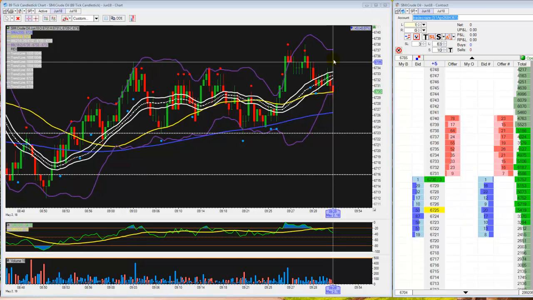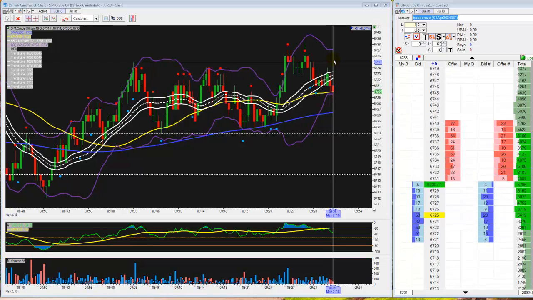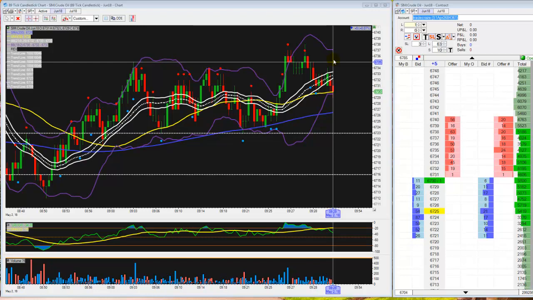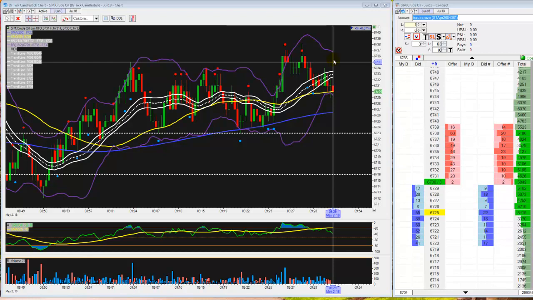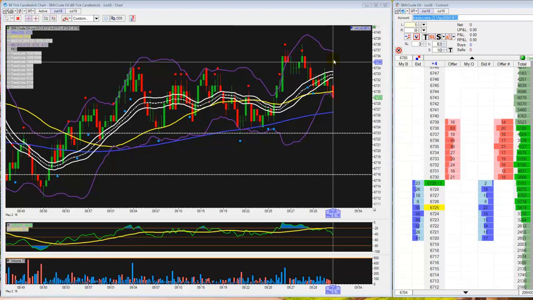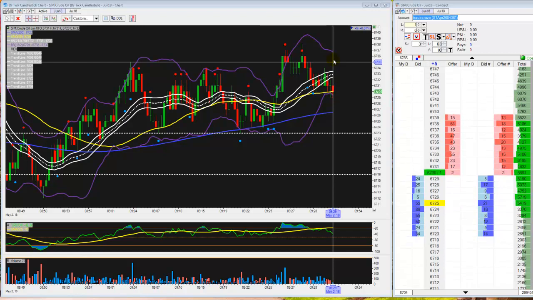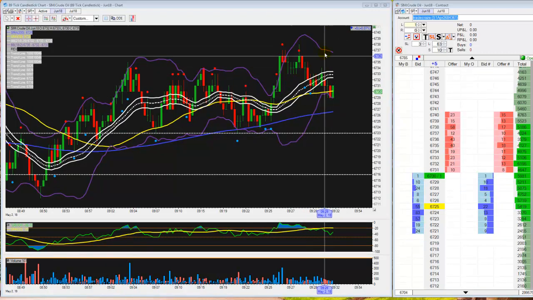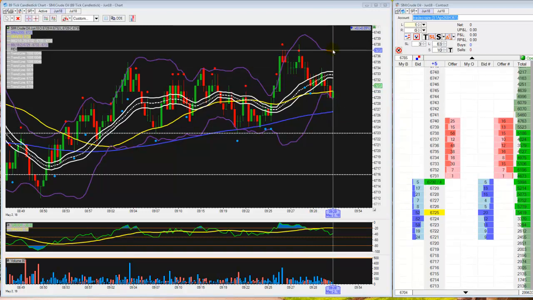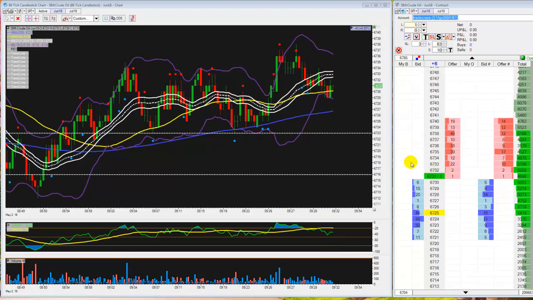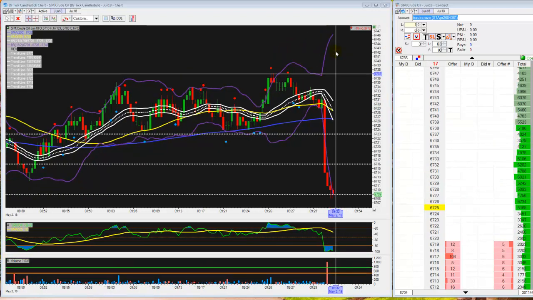Run straight to the 3P target and be in and out in a couple minutes. That would be awesome. It's been a while since that's happened, but it does happen. You trade long enough, you catch the big fish occasionally. It looks like we're going to easily run into the 67.50 range if the market wants to go up after the release. We're only trading 18, 20 ticks away from it right now.